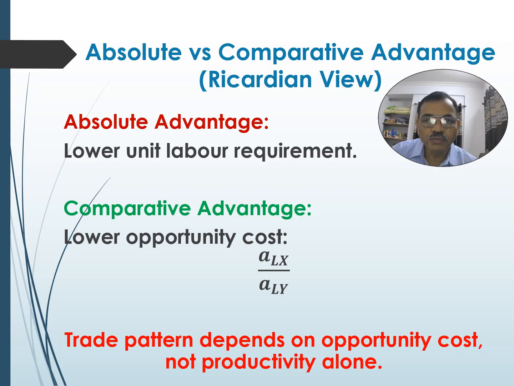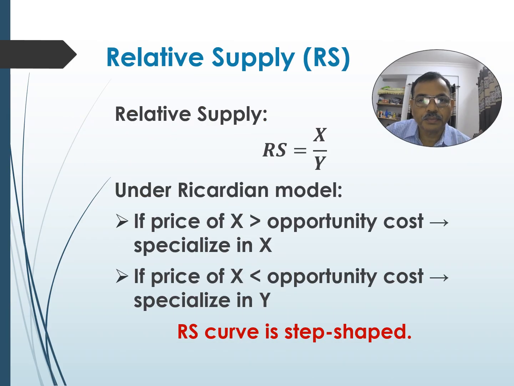Let us now move to the concept of relative supply. Relative supply is defined as the ratio of X to Y produced in the economy. Under autarky, production depends on domestic relative prices.